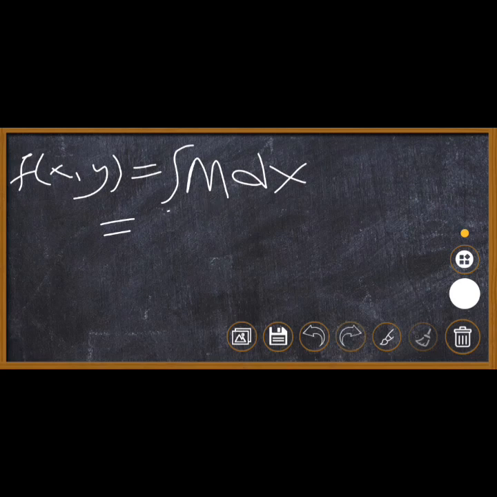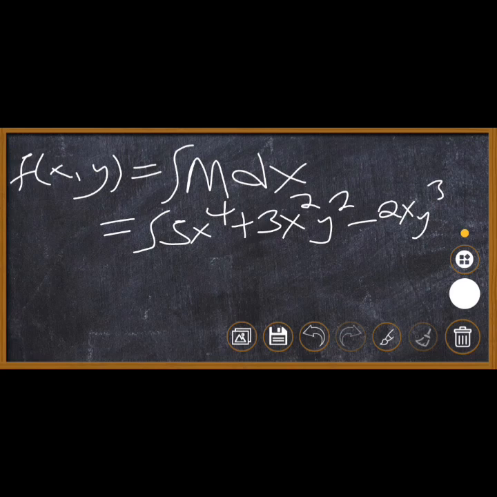So 5x⁴, then here we have positive x²y², then minus 2xy³. We are integrating this with respect to x. Okay, so in this case then we are going to integrate this part using dx.